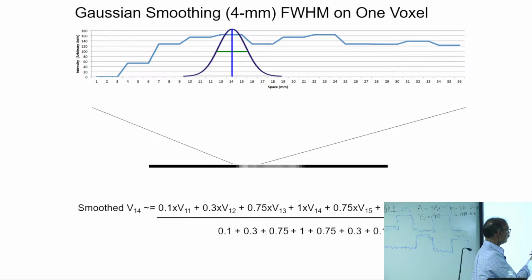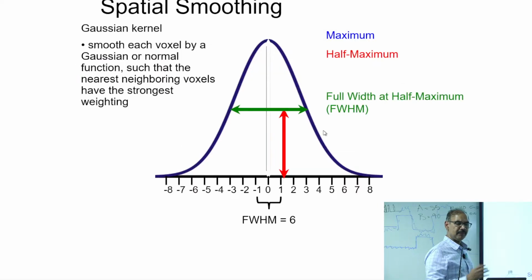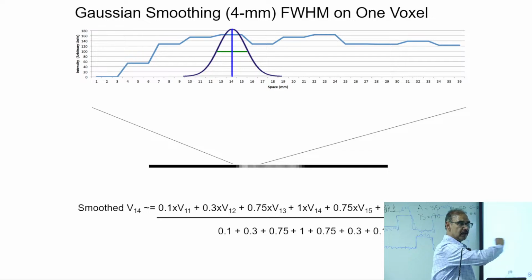We have a Gaussian kernel which has several parameters, and then we are convolving this with the entire line of the image.